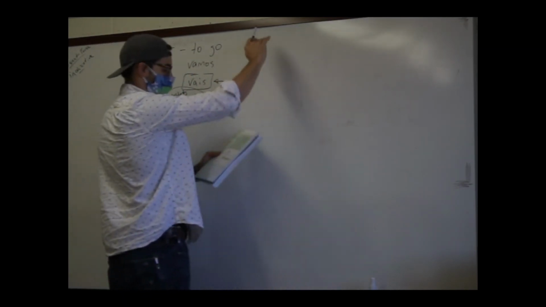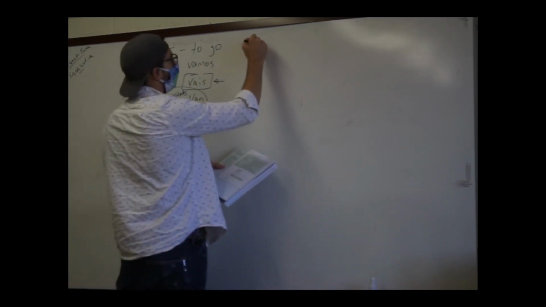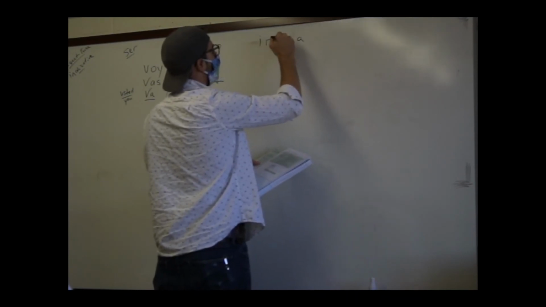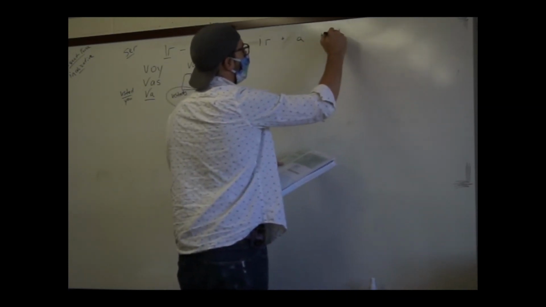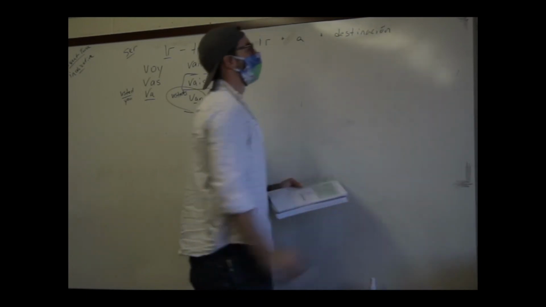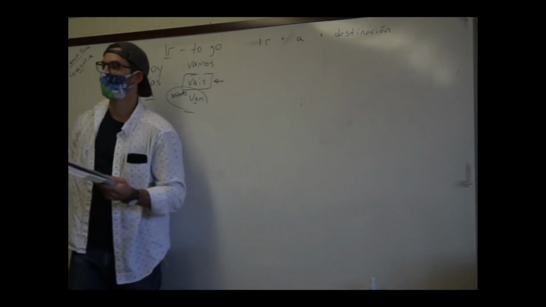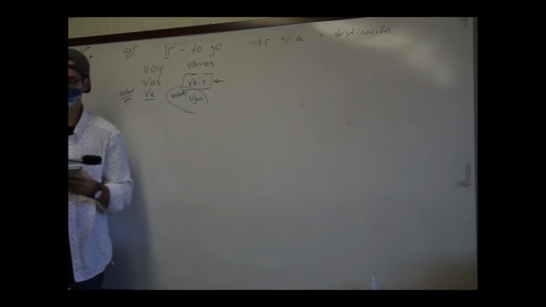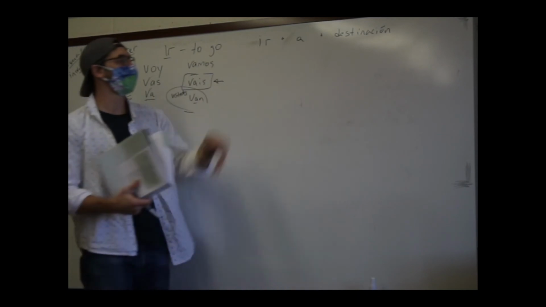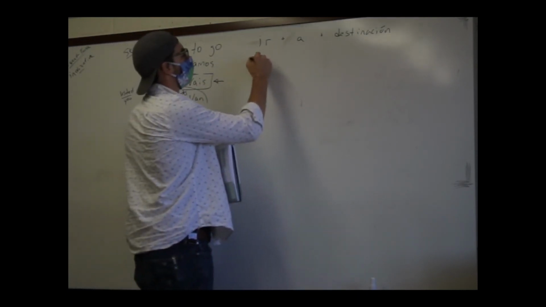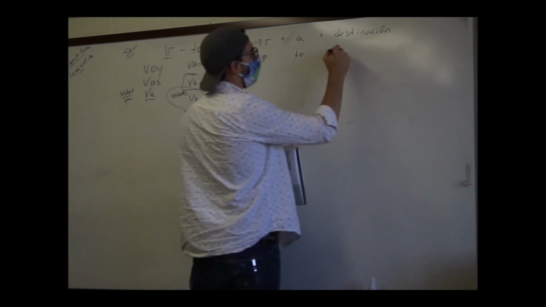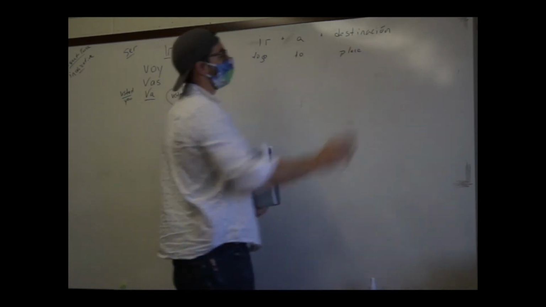So if you look at the title at the top, it says ir plus a plus destinación. Any guess what that means? Destination. Right. So, ir, which means to go, plus the word a, plus to, or to a place, and then place, or destination.